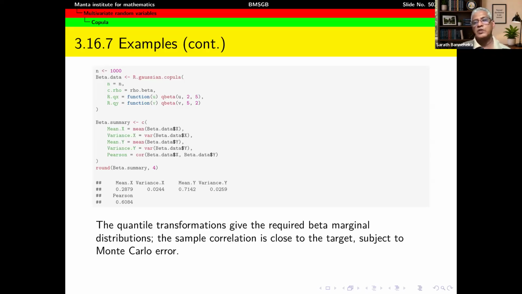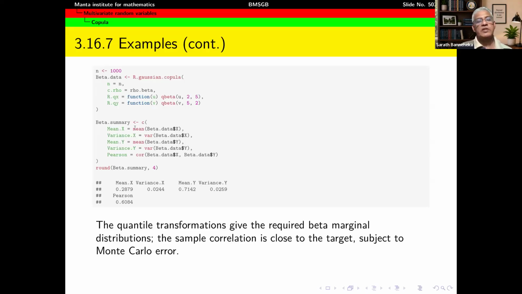RQX is the function that I use to convert U into X star value, and that is in this case Q beta with parameters 2, 5. The other function is Q beta that will be applied for V with parameters 5, 2. So these are the two functions. When I apply those, the data will be stored in that name, beta data.